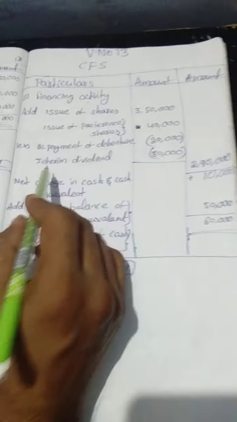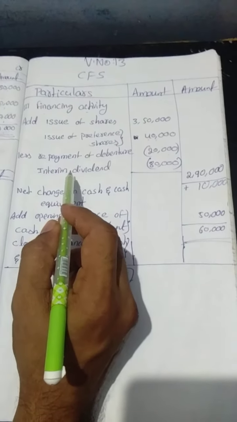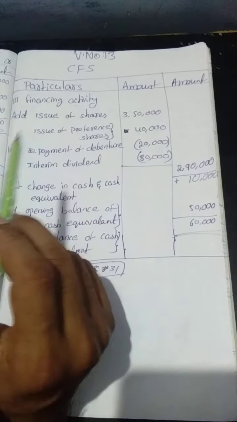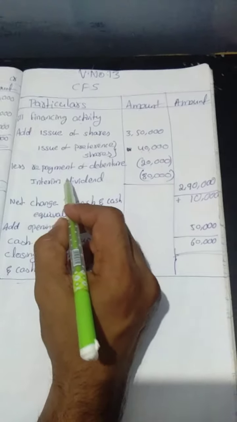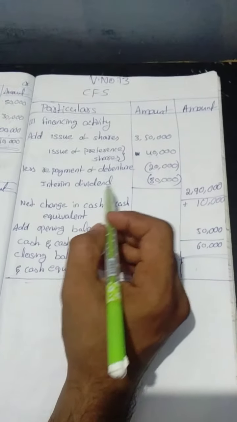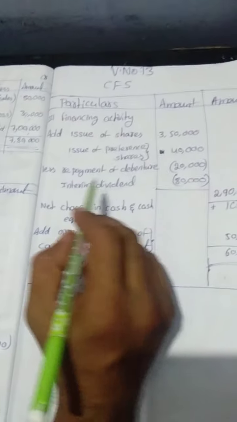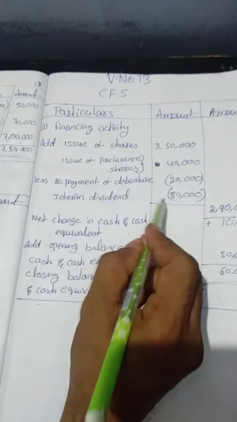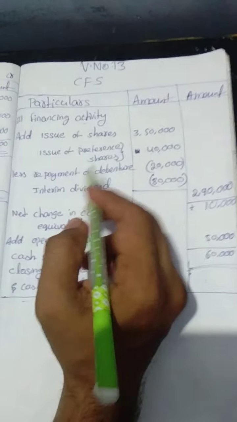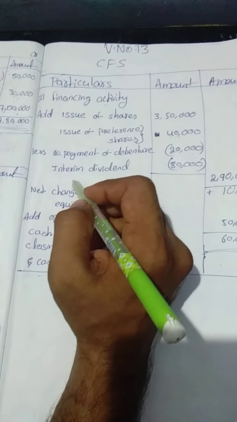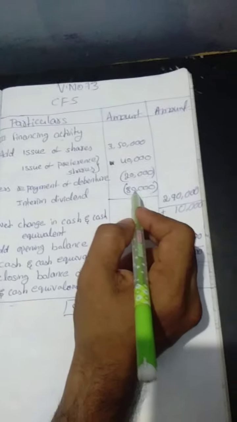Another item is the interim dividend. We already know this interim dividend was added in the working note. We added it there, and now we reduce it here, because this interim dividend is paid to preference shareholders. That is why it is financing activity. We added it in the working note with operating activity, and here we reduce it in financing activity.